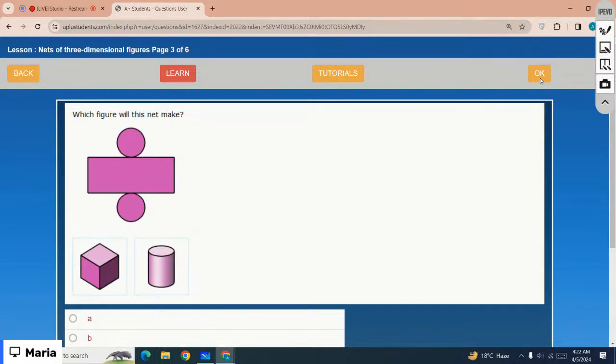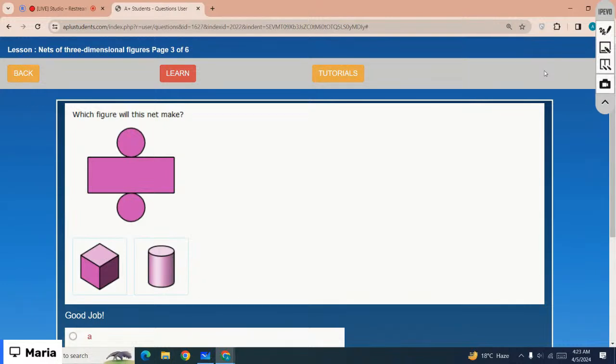Which figure will this net make? Which is the correct option? Yes, option number B is the correct option, right? The one with the round faces is the correct option.